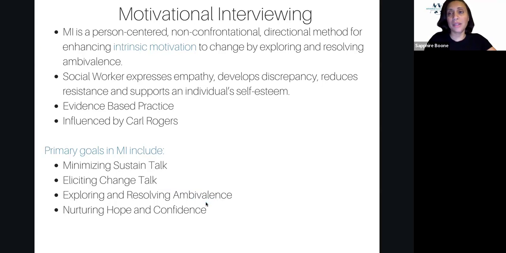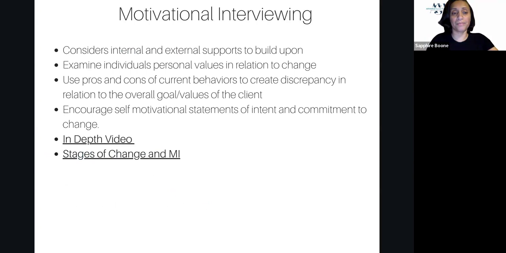But ambivalence can be good, because if they are aware of the problem and they're just not sure if they want to start acting on it, that's something we can use to be a catalyst and a change agent to help them. I also wanted to make sure you had some supplementary videos in case. I wouldn't go too in depth with it, but I wanted to give you the options.